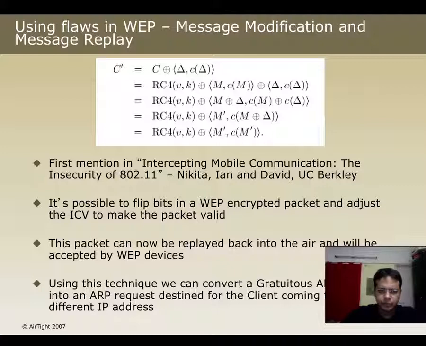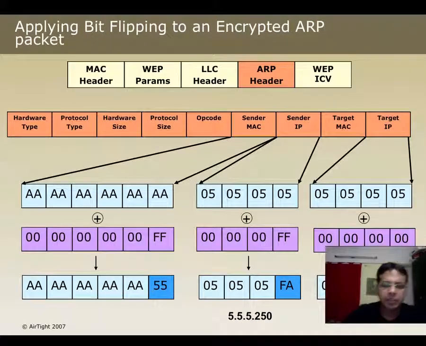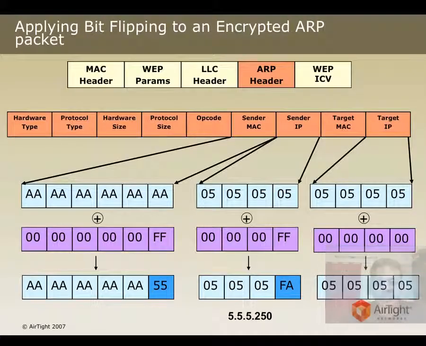What we do, if you remember from the previous video, is take an encrypted packet. Currently the LLC header and the ARP header together are the encrypted data, and then you have the WEP ICV.